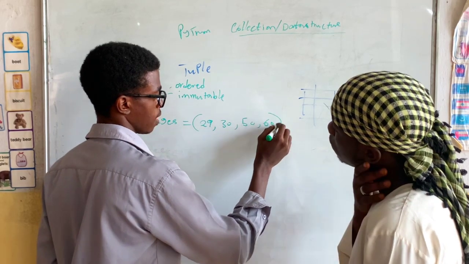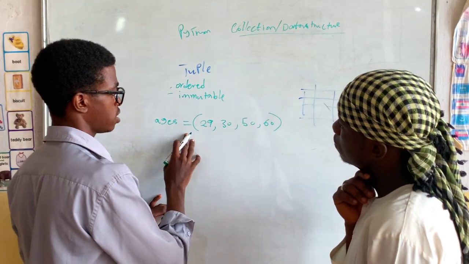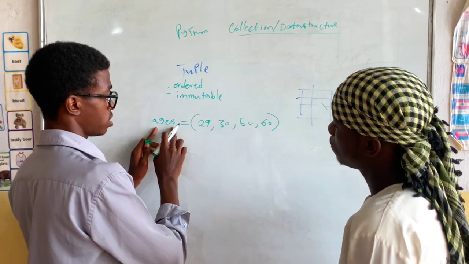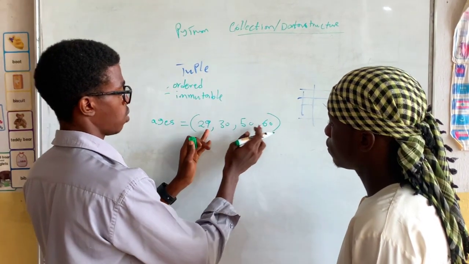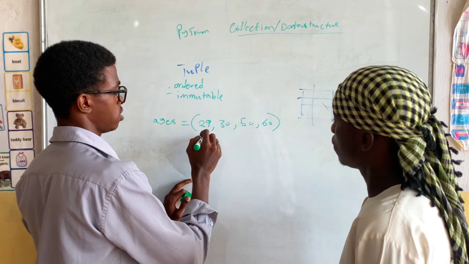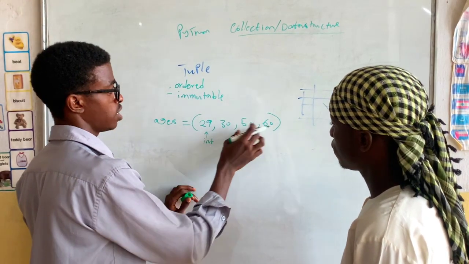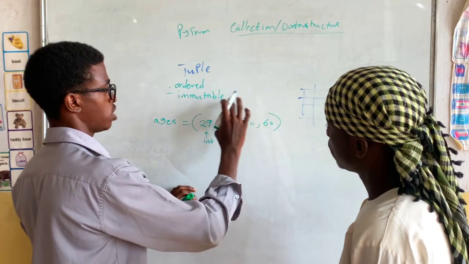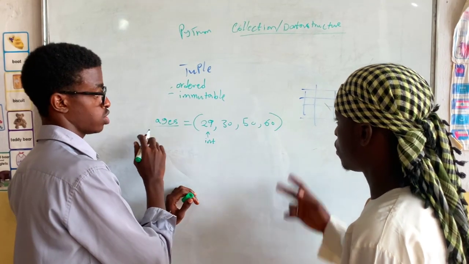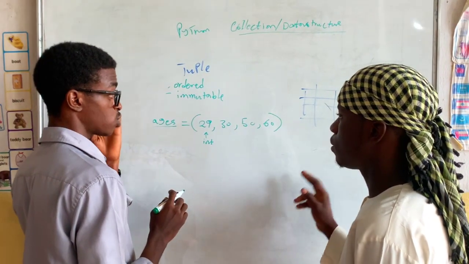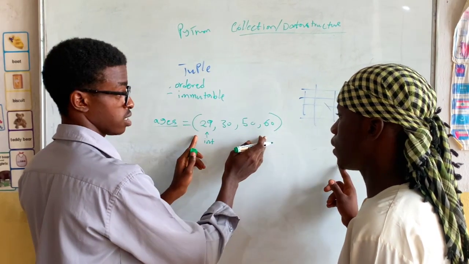So now this is my basket called ages, and I put all this data inside. What kind of data is this? It's integer data, right? So all of these are ages of people, and we put them all in one memory space, which is a tuple. Yes, a tuple uses parentheses.